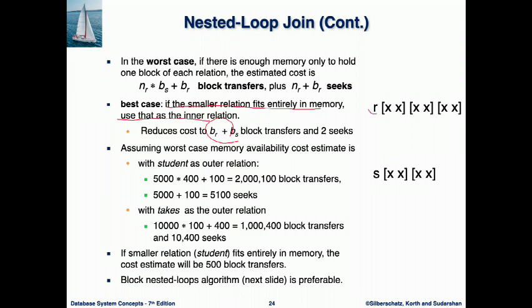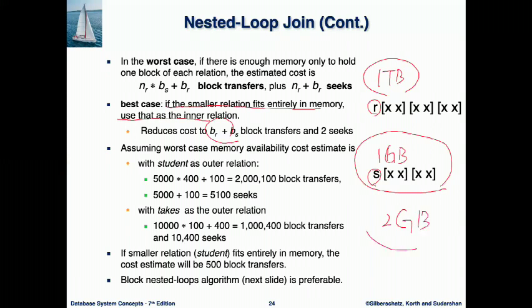You have relations R and S, however relation S is tiny. Let's say it is like 1 gigabyte in size, whereas relation R is 1 terabyte, too big to fit into main memory, but relation S is very, very small. And let's say your main memory is 2 gigabytes in size. Then this is a super trivial case.